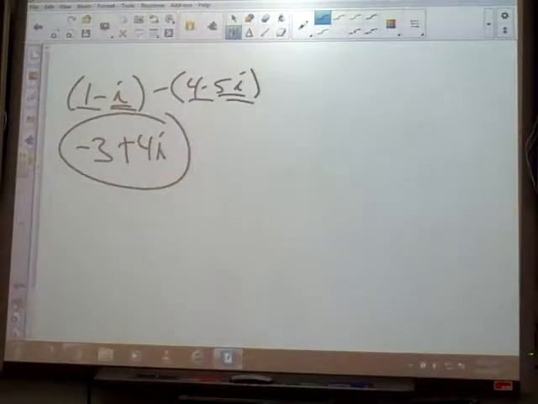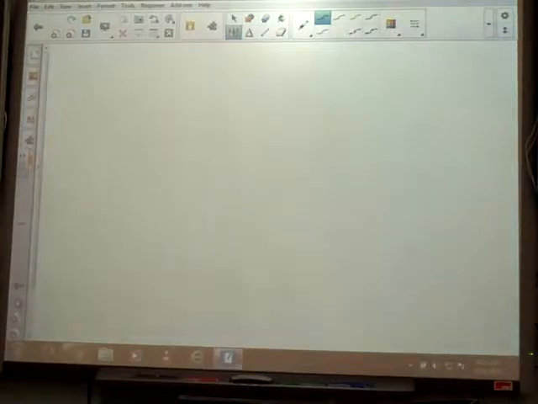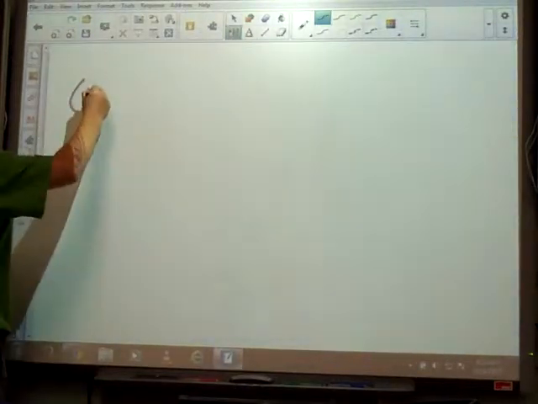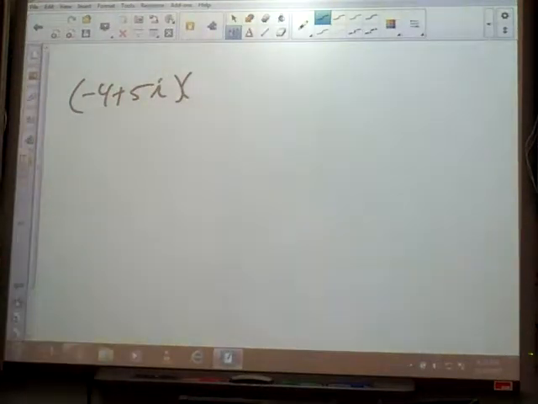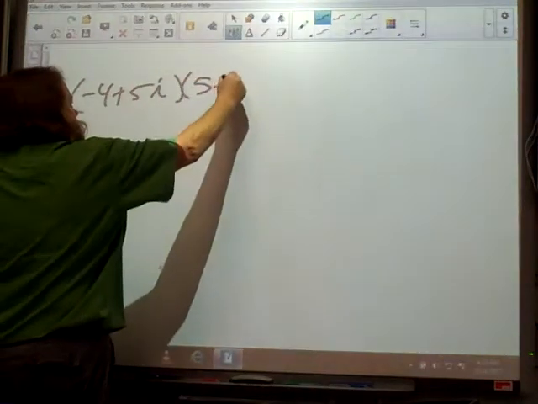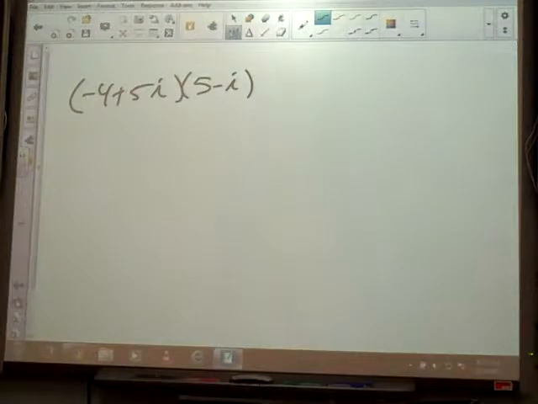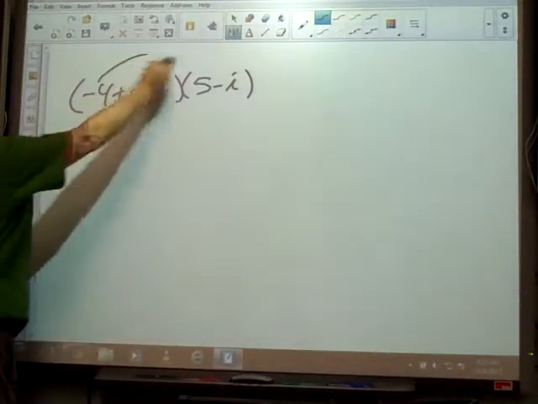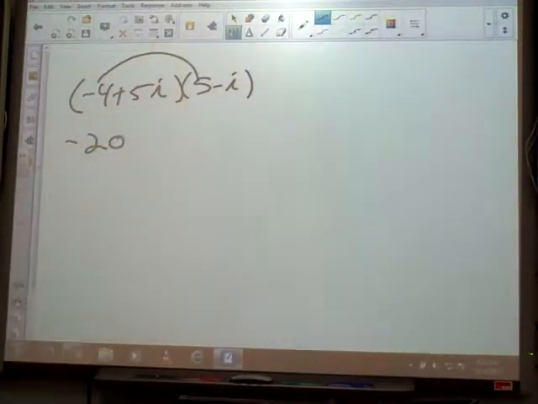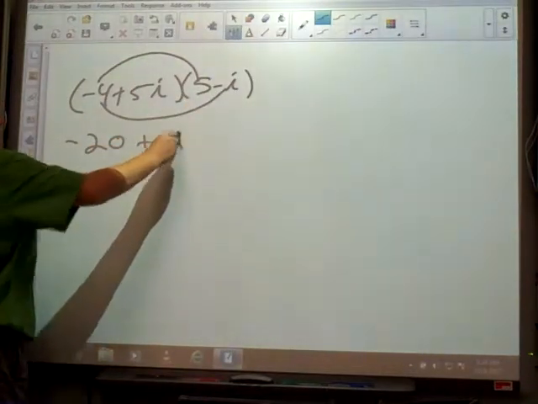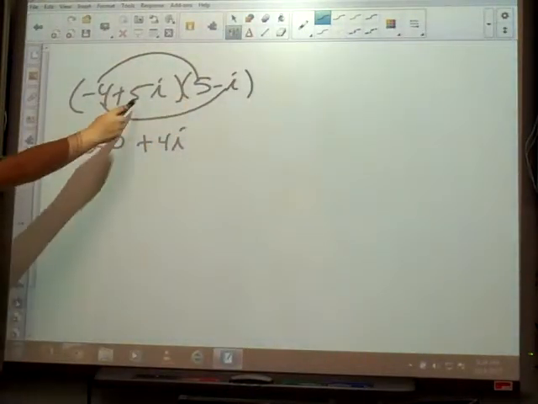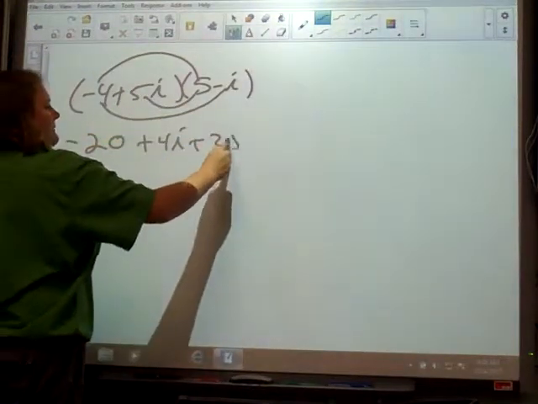Alright, 13 we have to multiply, so we're going to do a little bit of FOIL. I've got negative 4 plus 5i times 5 minus i. So this is a binomial times a binomial, so I'm going to do my first: negative 4 times 5 is negative 20. My outer, negative 4 times negative i is a positive 4i. My inner, 5i times 5 is 25i.